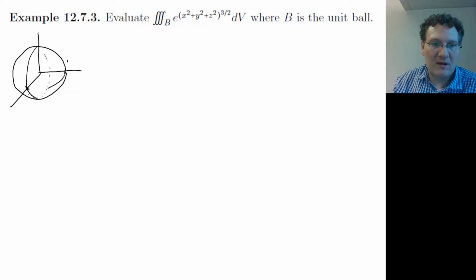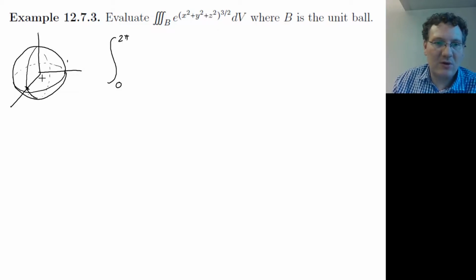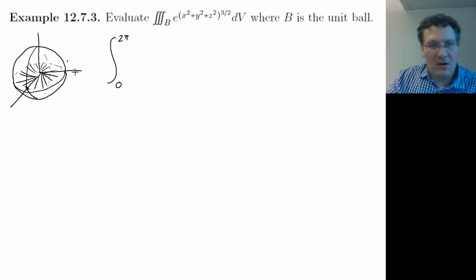Now, when we set up this integral, first theta is going to go from 0 to 2 pi, because we're going all the way around, rotating around the xy plane.